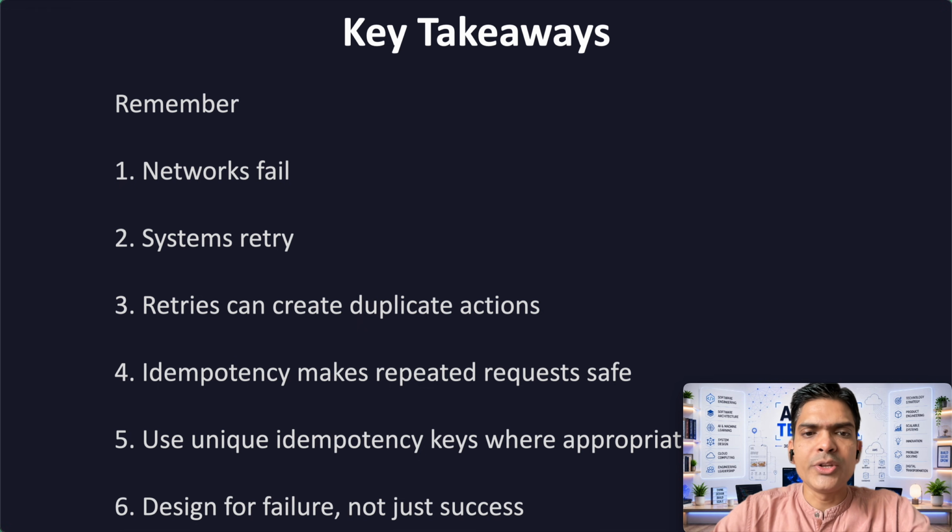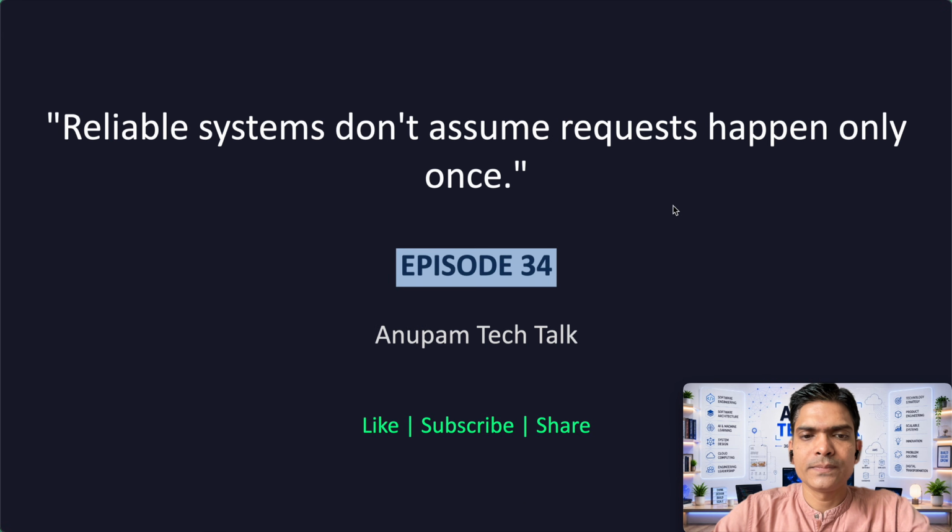Fifth, use unique idempotency keys where appropriate, especially for operations with side effects. And finally, design for failure, not just for success. That's the engineering mindset. These principles help us build systems that remain reliable even when things do not go as planned.